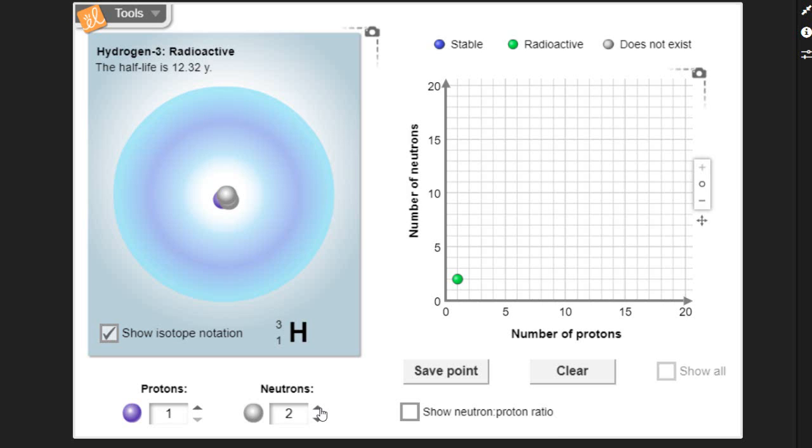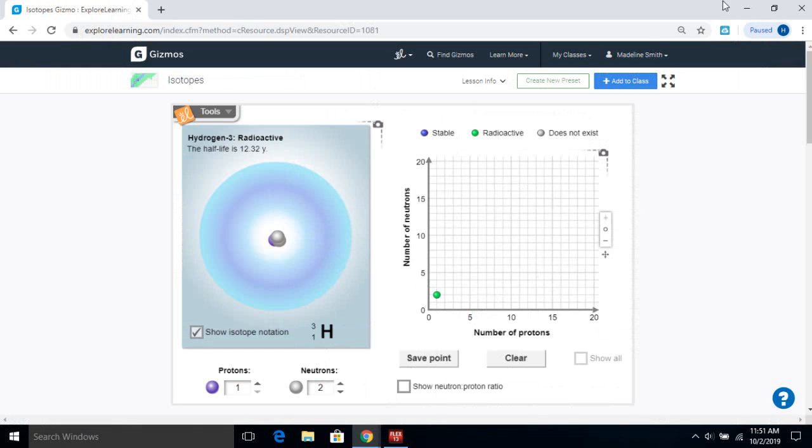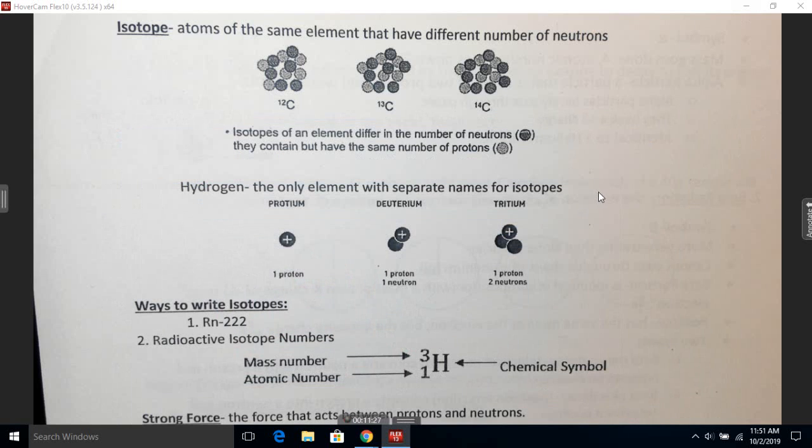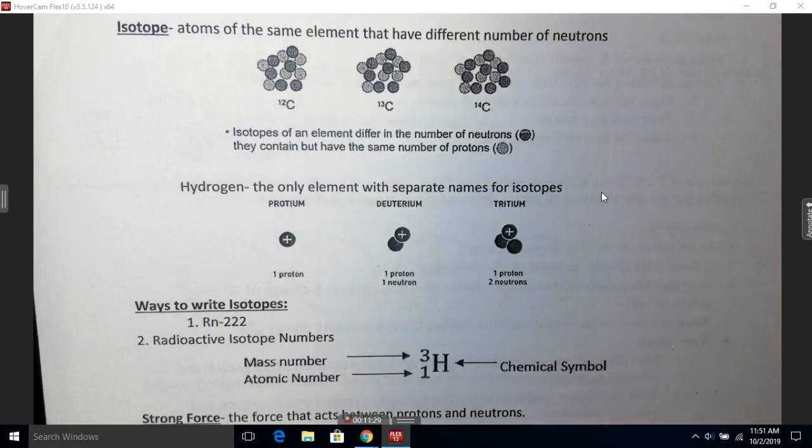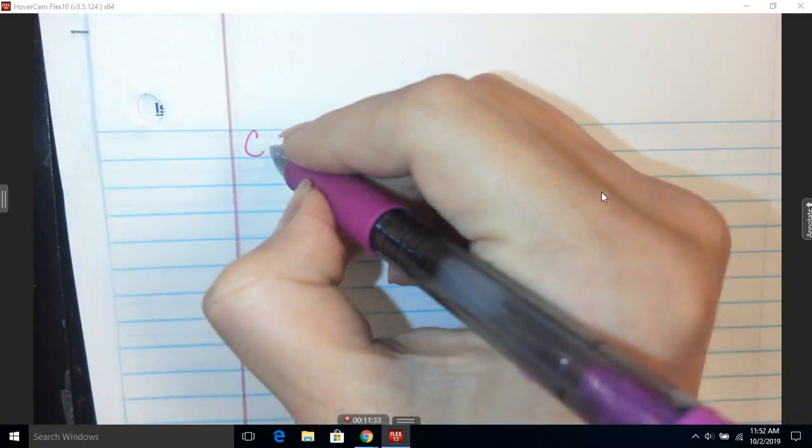Okay, so there's some different ways they write this stuff. What is this called right here? No, this is called isotope notation. This is called isotope notation. Let's do a few of those. What does this mean?